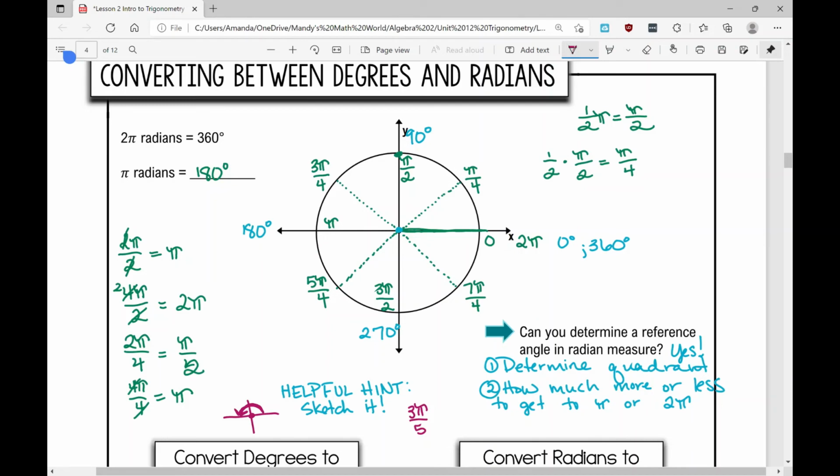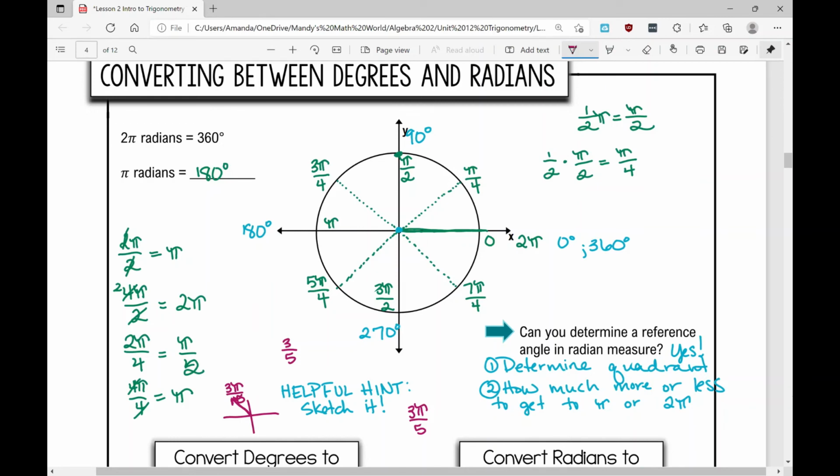So 1 pi over 5 would be in our first quadrant. 2 pi over 5 is still in our first quadrant. 3 pi over 5 would be in this quadrant too, right here. This would be 3 pi over 5. I know that 3/5 is more than 1/2. I know that's a bigger fraction than 1/2.